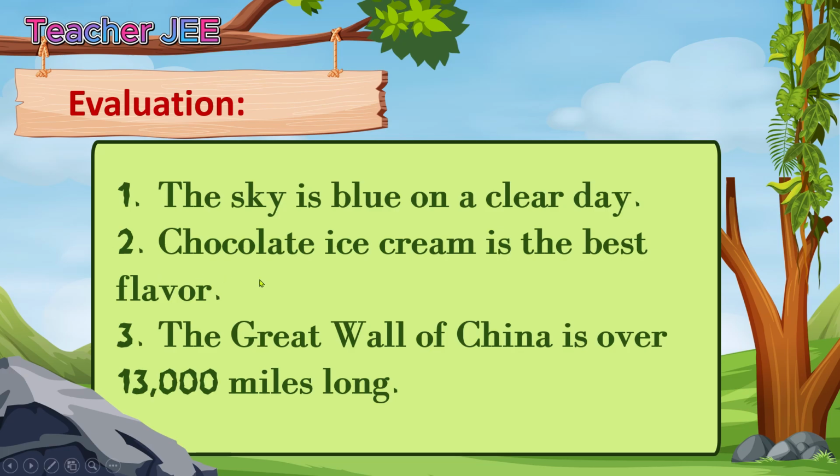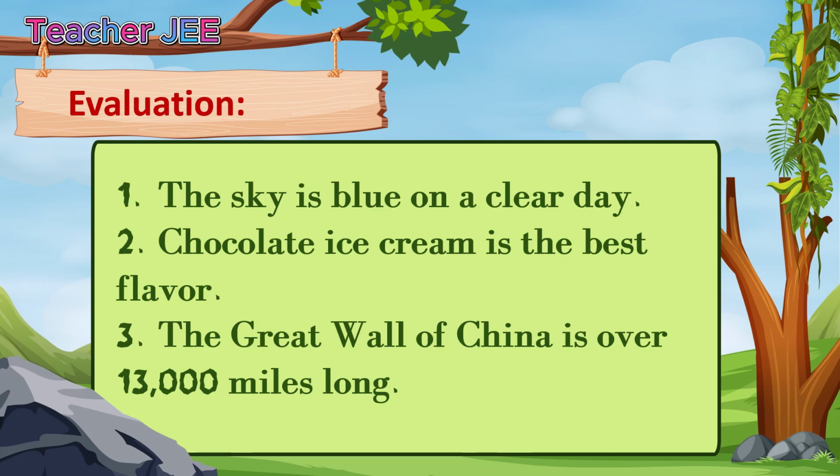Then the second sentence, chocolate ice cream is the best flavor. Maybe for you it's the best flavor, but for others it's not. That may bring a discussion, or someone might oppose or disagree with the idea. So that's only an opinion. Number 3, the Great Wall of China is over 13,000 miles long.